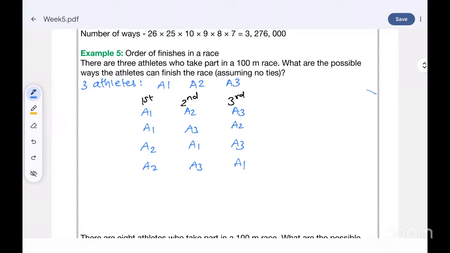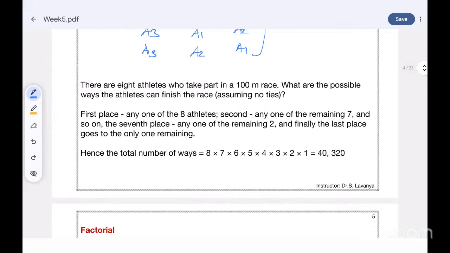So here A3, A1, A2, A3, A2, A1. Are there any other possibilities? No. So we have 6 ways.